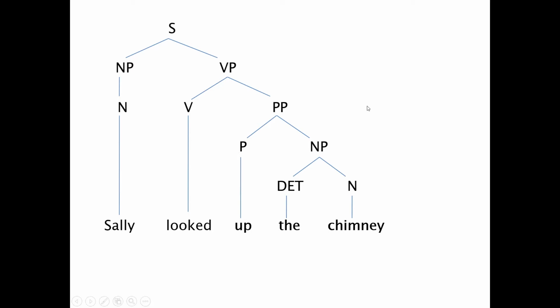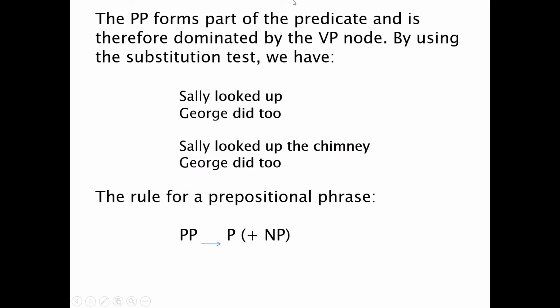That's why it must be followed by a direct object. That is the direct object. The prepositional phrase forms part of the predicate. The predicate means al-khabar and is therefore dominated by the verb phrase.